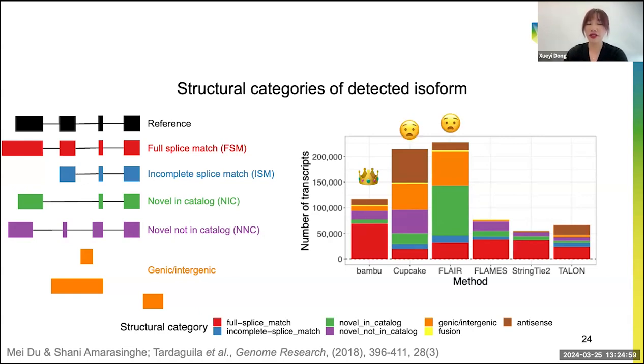But in this analysis, we found out that Cupcake and FLAIR have a pretty high proportion and number of novel isoforms detected. And we think that it may be problematic because the proportion is too high and maybe they are false positives.